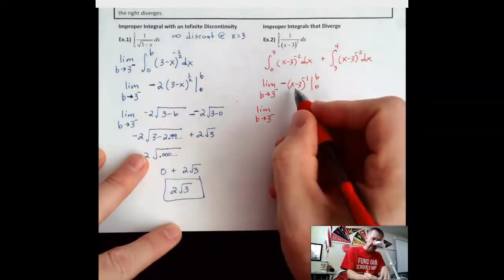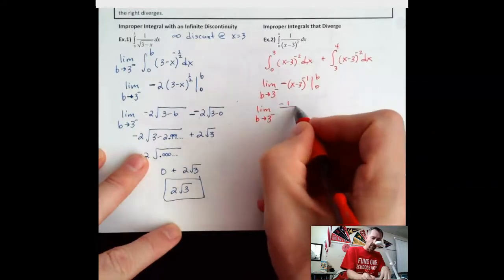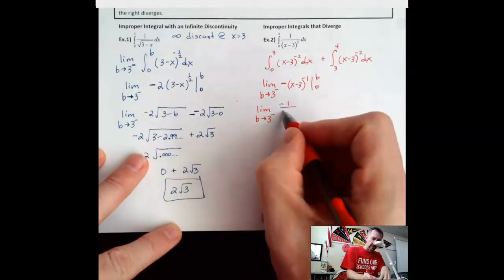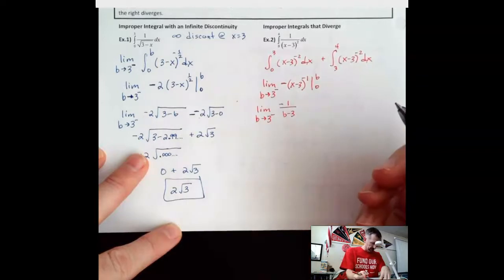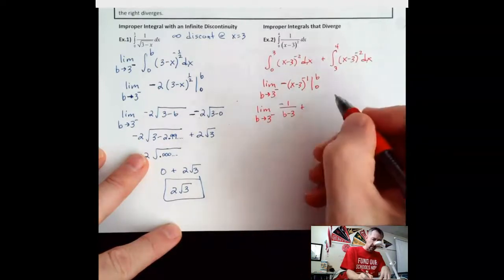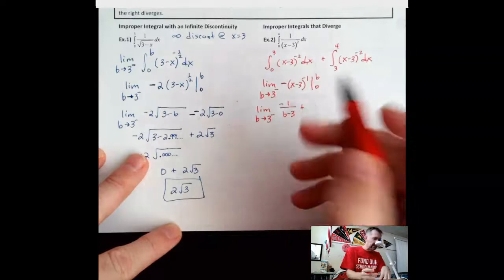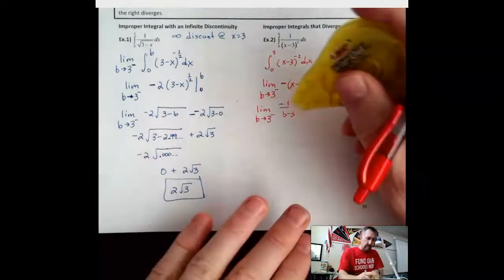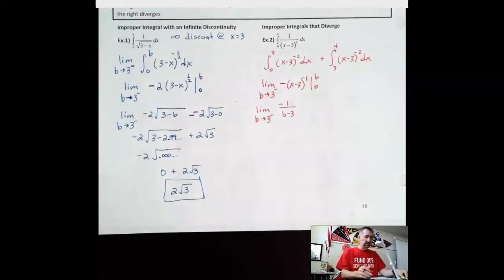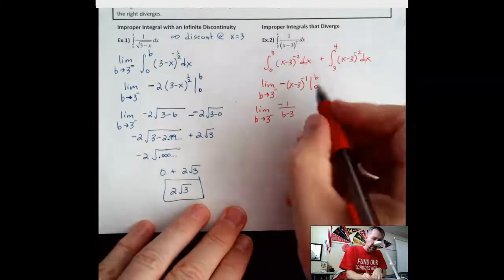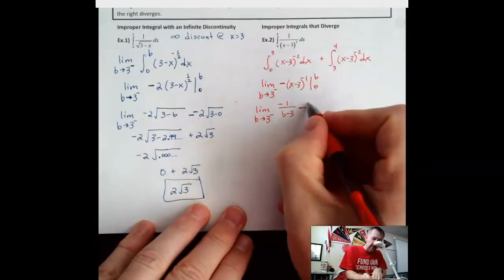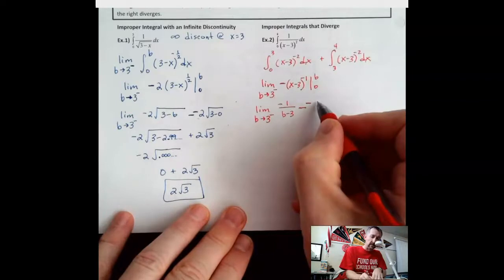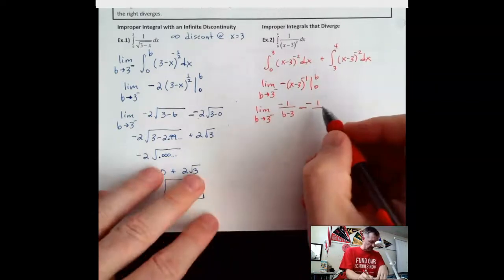And then if we plug b in there, that's going to be -1 over b minus 3. Okay, and then here, that's going to be minus a minus. Obviously, we could just put plus, but in the notes, I want it to be a little more clear. So it'd be minus, and then minus, and this will be 1 over 0 minus 3.